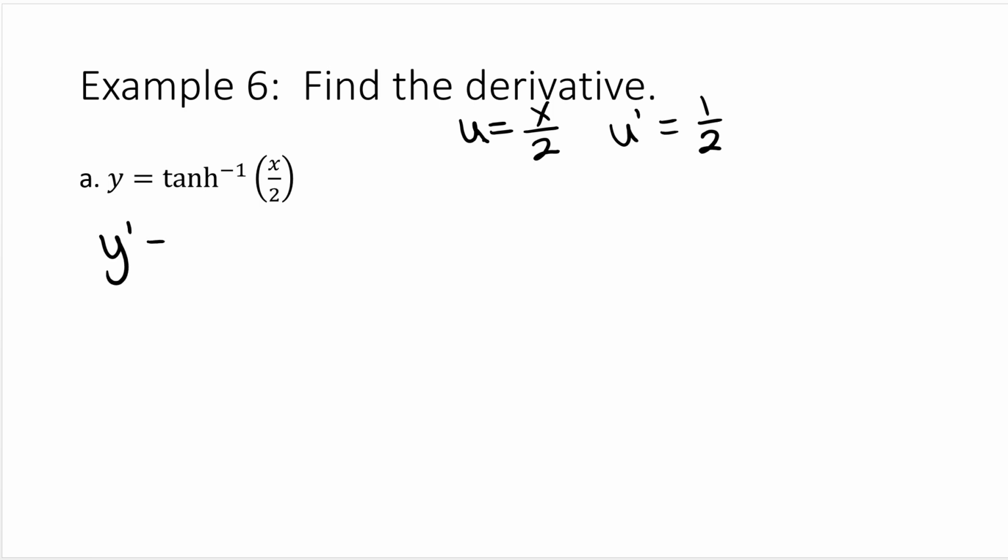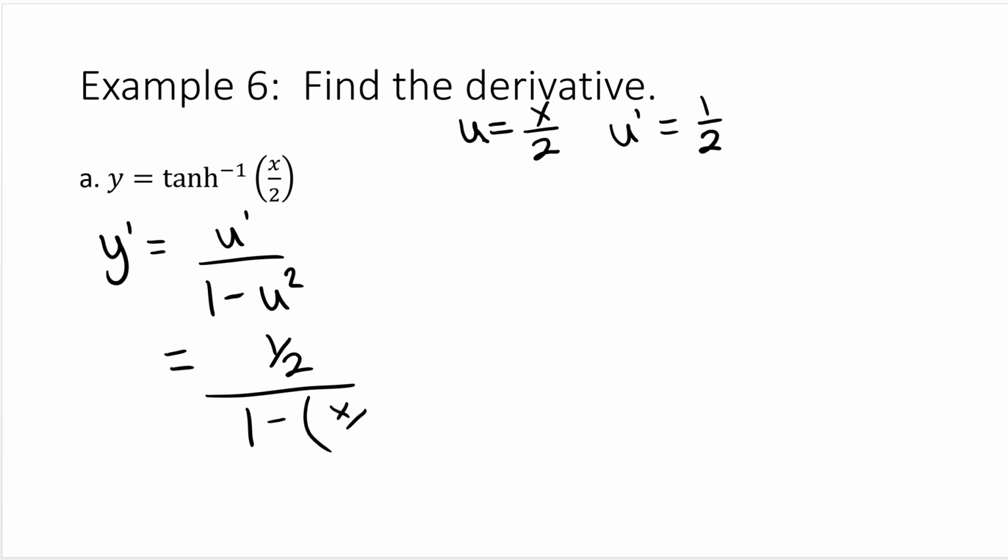So then as I'm finding the derivative here, remember we said that this formula was u prime over 1 minus u squared. So in our case, u is x over 2, u prime is 1/2. So I have 1/2 over 1 minus x over 2 quantity squared.